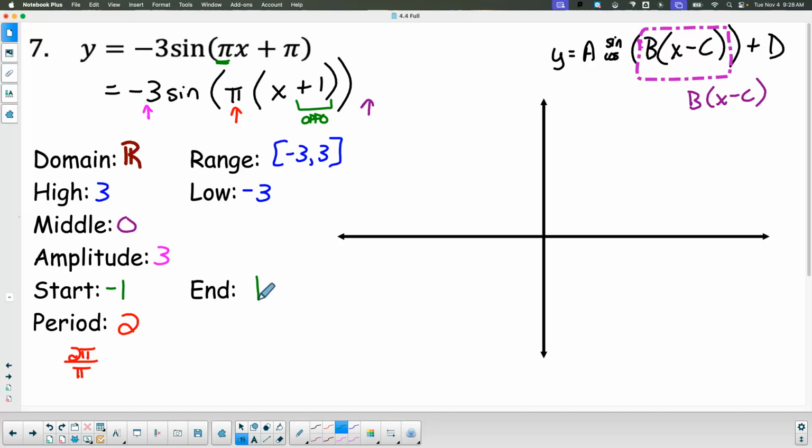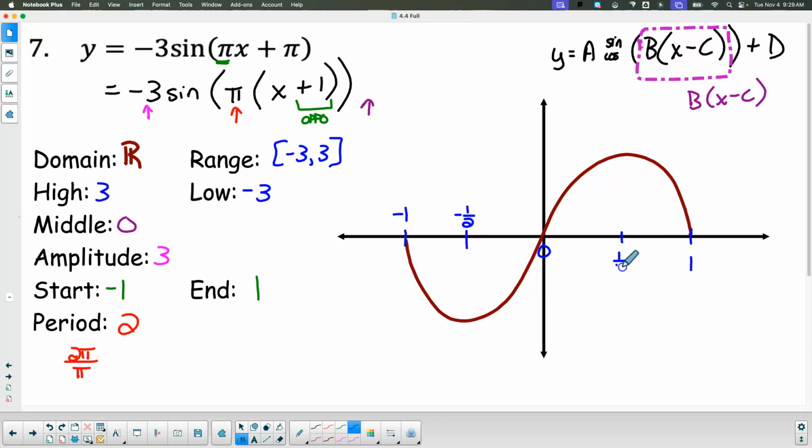Sine curve, but it's flipped. It started at -1. It ended at +1. Halfway would be 0. Halfway would be -1/2.